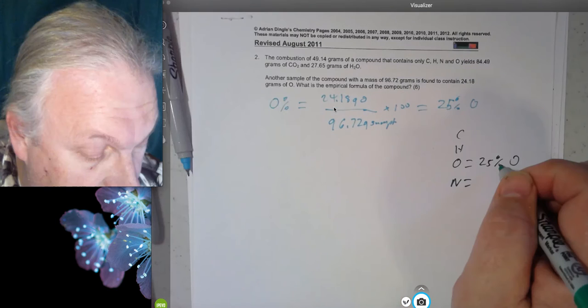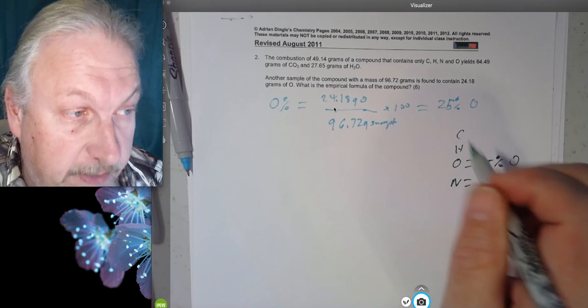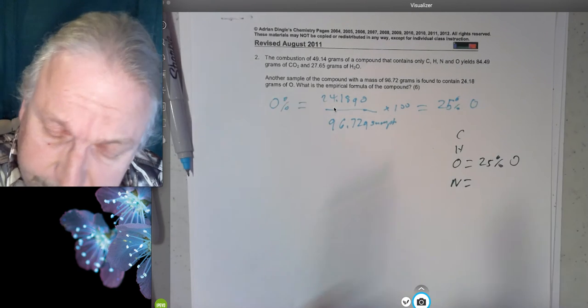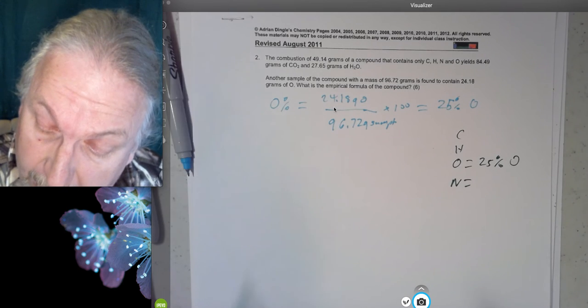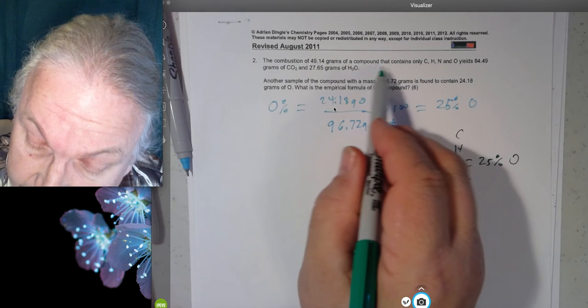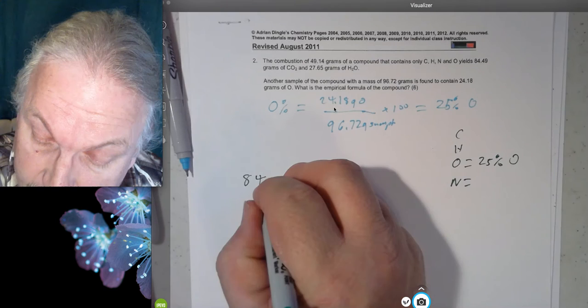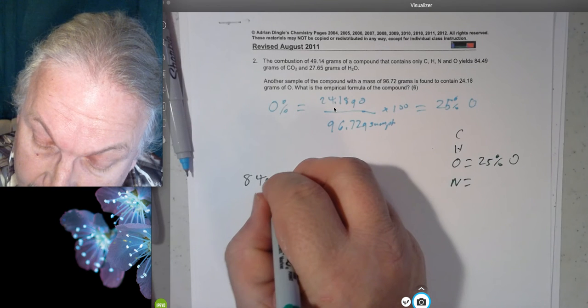That's going to give me 1.9197 moles of CO2. Now we know that for every mole of carbon dioxide, there is a mole of carbon. So that means in the sample there's 1.9197 moles of carbon.